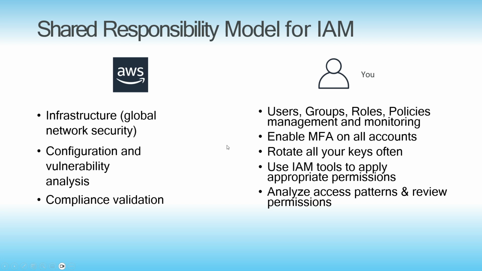Now, AWS works on the shared responsibility model. Basically, some things AWS manages and is responsible for, and some things we are responsible for in our account. What is AWS responsible for? Infrastructure and global network security.